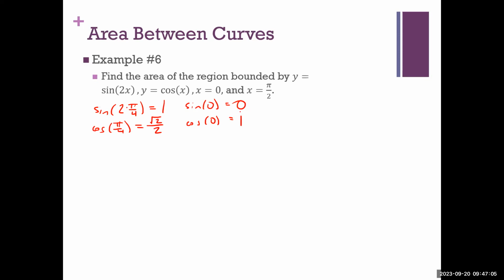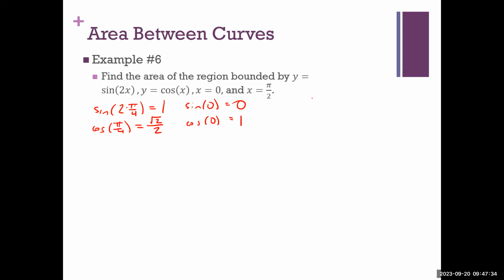Well, so I picked two values on this interval, right? And one of them gave me that sine was greater, the other one gave me that cosine's greater. So I think most of us made an assumption that probably wasn't safe. What was that assumption? Or what have we now learned? So they kind of cross, right?